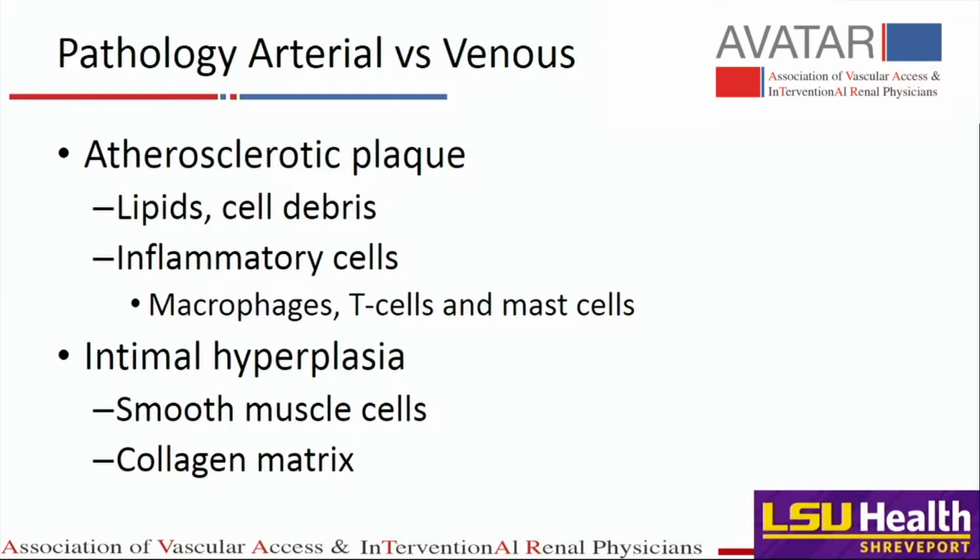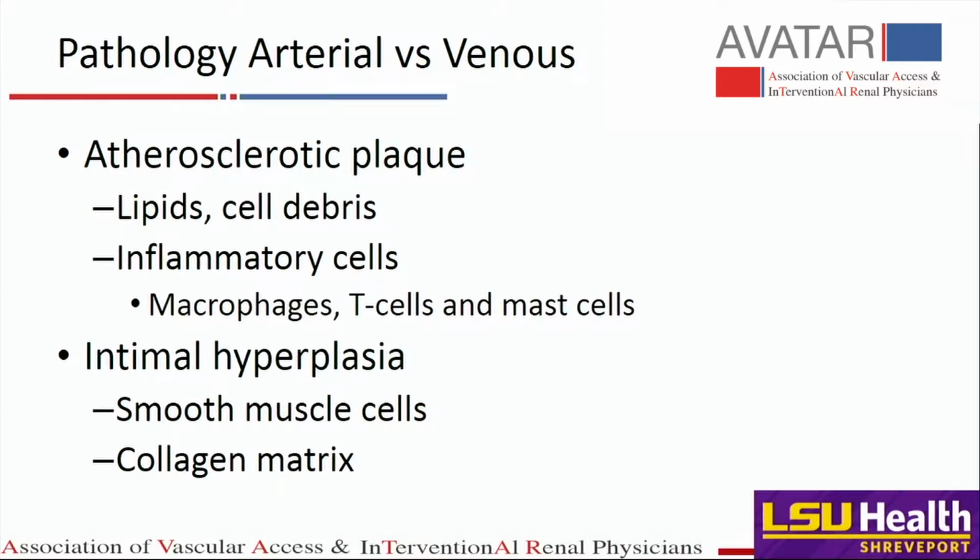Now, when we talk about drug-coated balloons, I think most of the initial enthusiasm was taken from the cardiology literature and the use of drug-coated technology in an arterial segment.